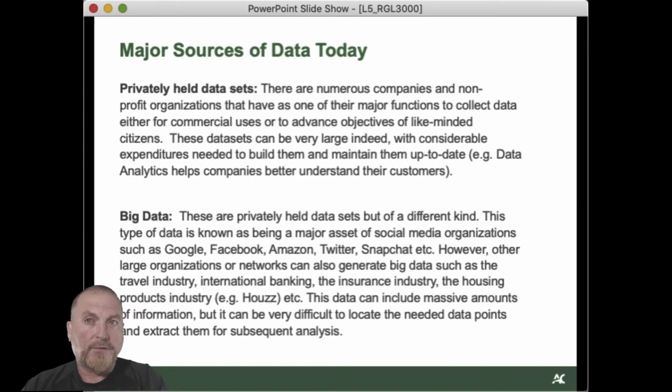Another version of that, of course, is what we know now as social media big data, okay? Big data analysis from Google, Facebook, Amazon, Twitter, Snapchat, etc., who collect massive volumes of data that can be synthesized or siphoned down to topics that are of particular interest to you. Like, how do people feel about using cell phones in cars?